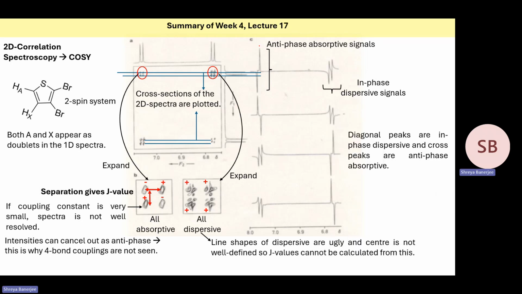Now if you write down the symbols, they are minus, plus, plus, minus. That is what is written here. Minus, plus, plus, minus. And for the second red circle, it is this.